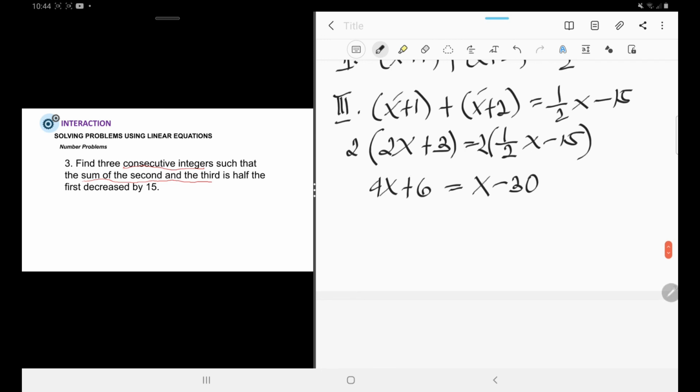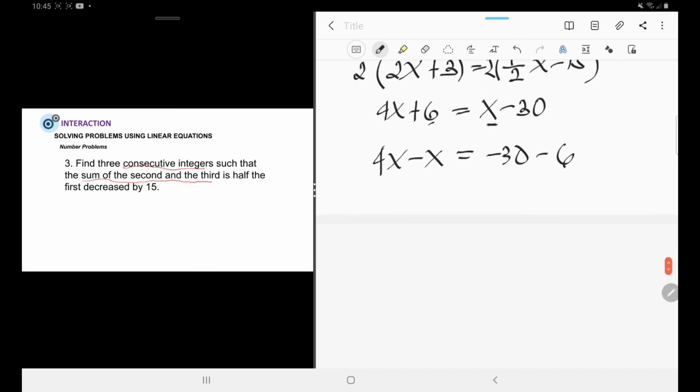Then we move x to the left side of the equation. So we have 4x minus x equal to negative 30. And then move 6 to the other side. That's minus 6. Then combine similar terms. 4x minus x is 3x. And negative 30 minus 6 is negative 36.